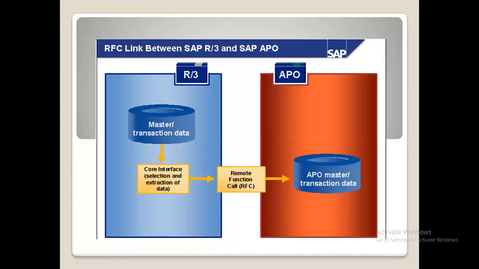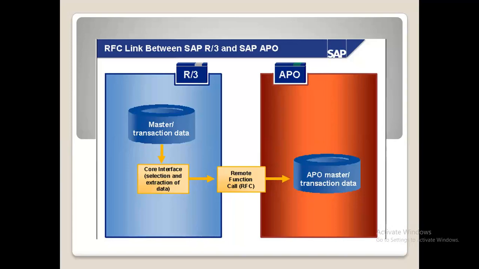Here ECC is a separate system, APO is a separate system. Initially both don't have an interconnection. To maintain the transfer between ECC and APO, the basis system establishes a remote function call. With the help of remote function call, we are getting data from ECC to APO.